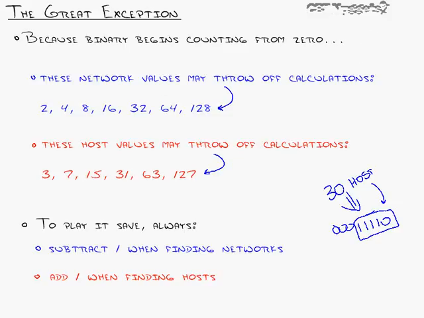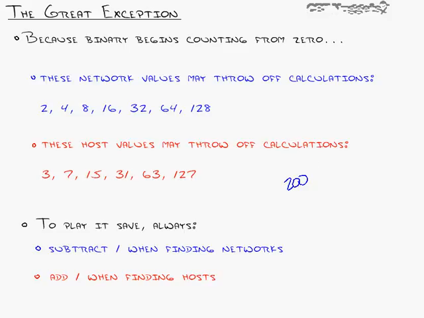Let's say you've been given the IP address 200.0.1.0, and the question says, well, break that into, let's do 16. Break that into 16 networks.